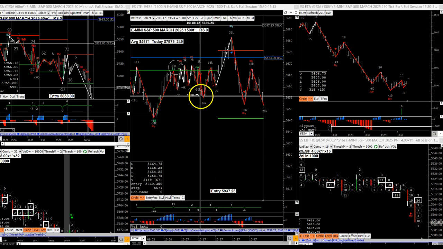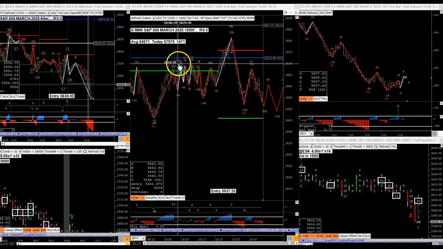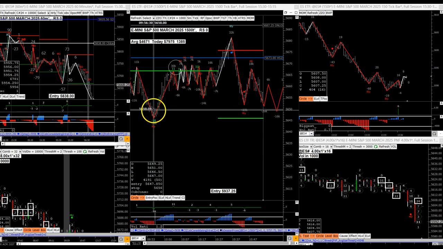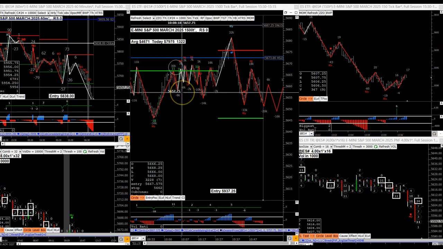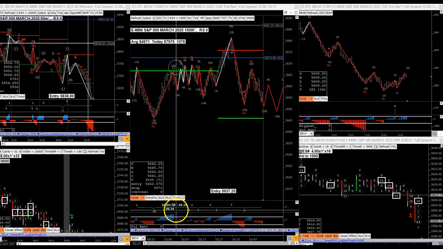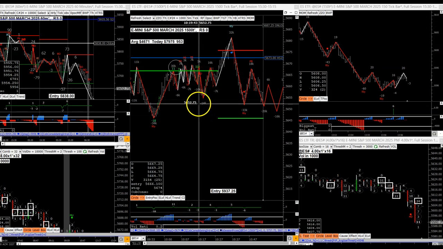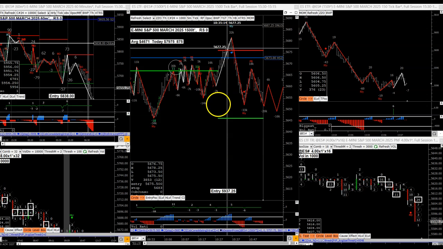That's giving you a hint that there's no supply, no response to the heavy demand that came in. Once demand comes in, you have to ask, how does supply respond? And it does it in a very weak way. So demand is in control.